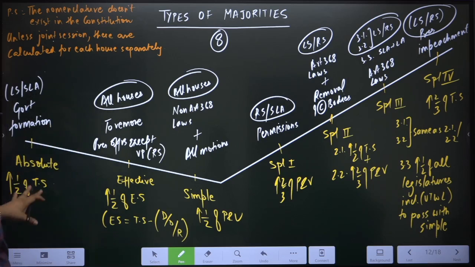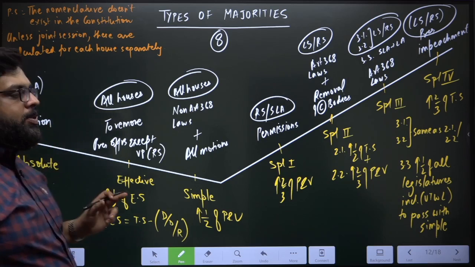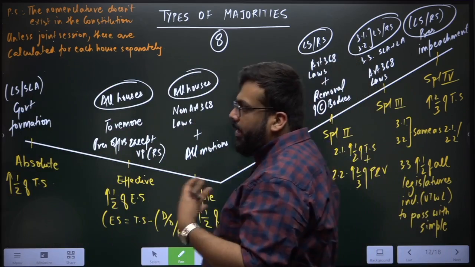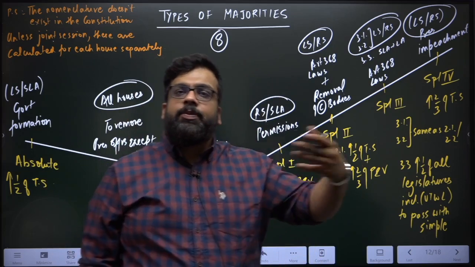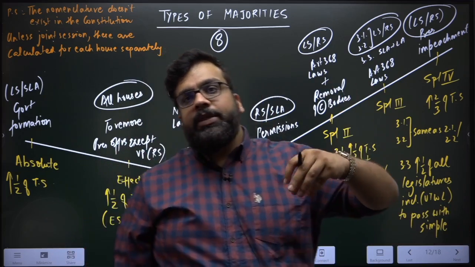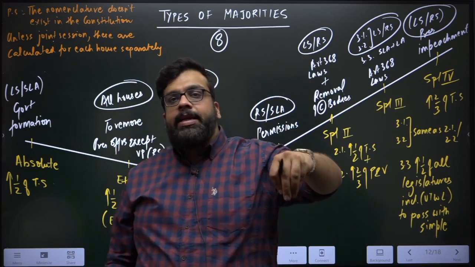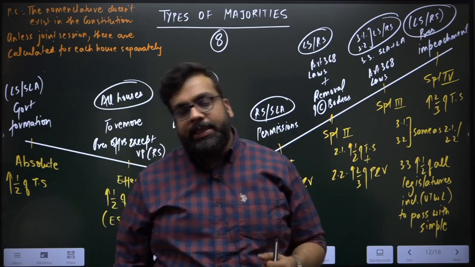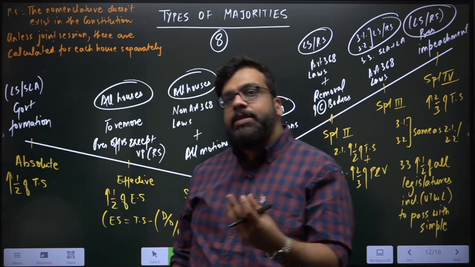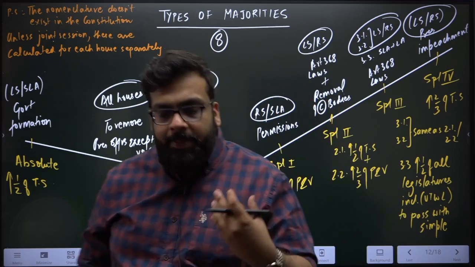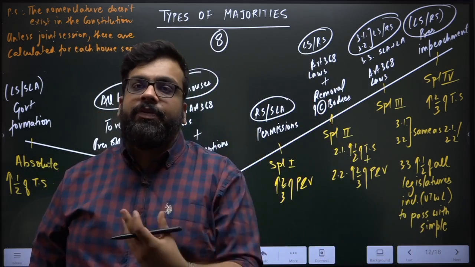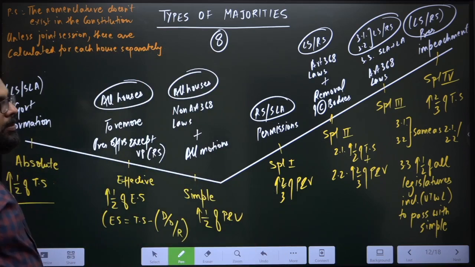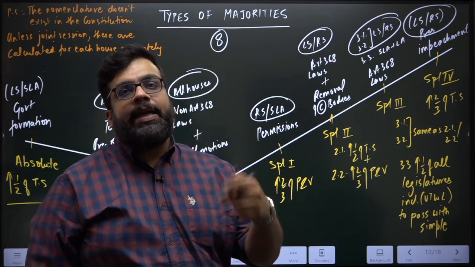So for example, let's start with absolute majority. Absolute majority is only used once, which is when you have to form government. After the first past the post system has finished, after you have winning candidates from constituencies across states for MPs all across the country, whichever party has the largest number of wins in such a way that it is more than half of the total strength of the house gets to form government.